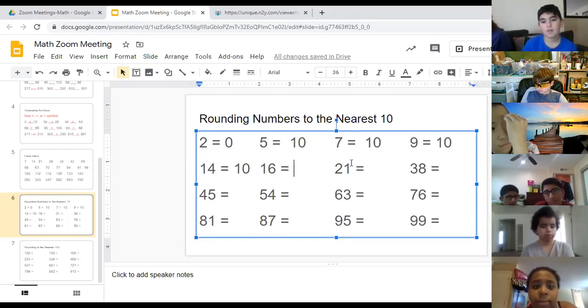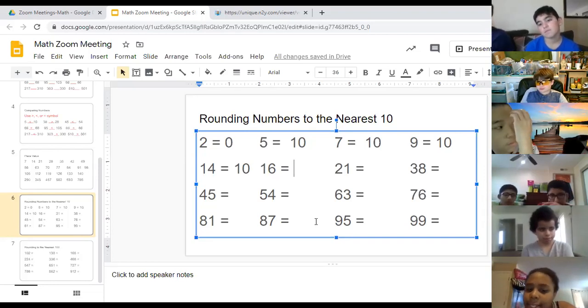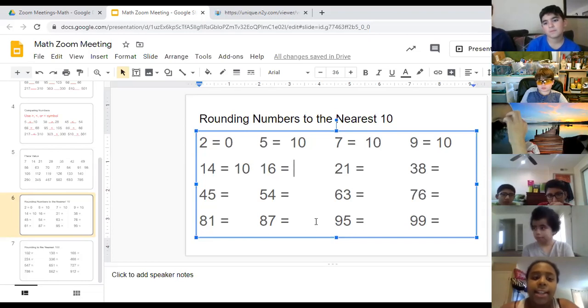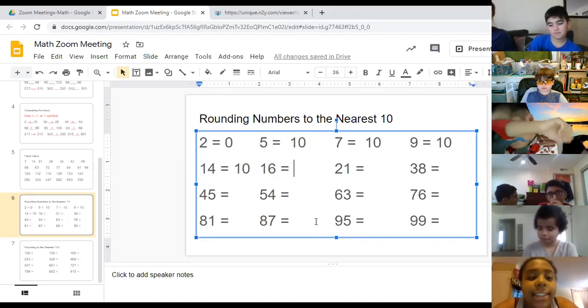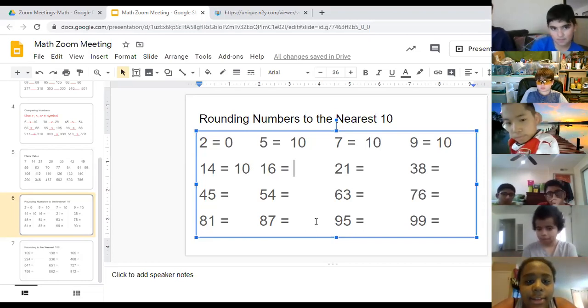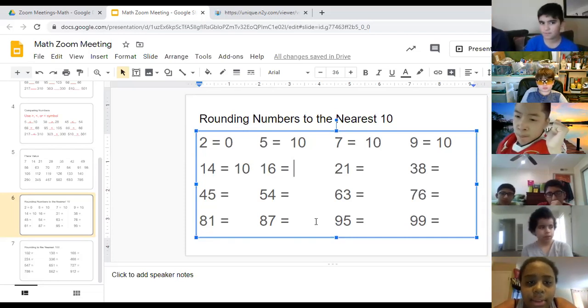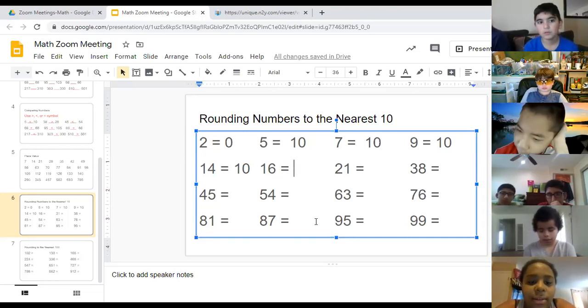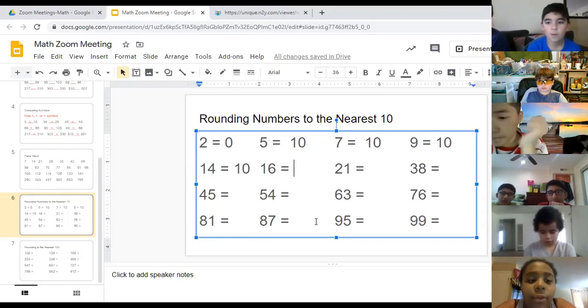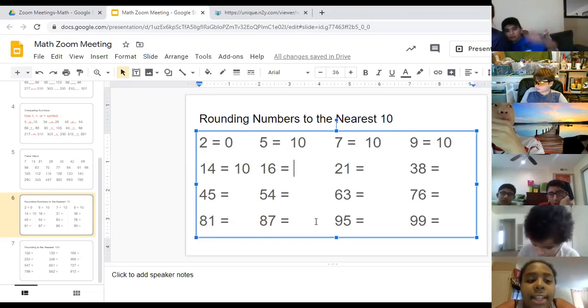Anaya, so round 16 to the nearest 10. Is 16 closer to 10 or closer to 20? Okay, let's count. Anaya, look at my fingers. We will count from 16 to 10. 16, 15, 14, 13, 12, 11, 10.